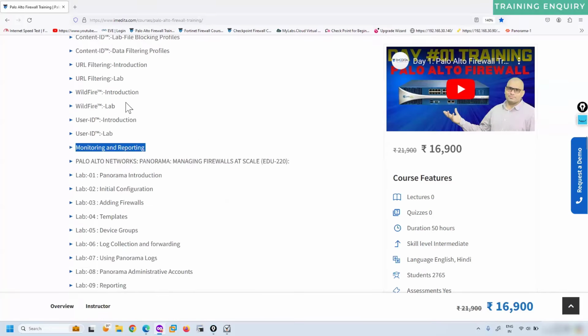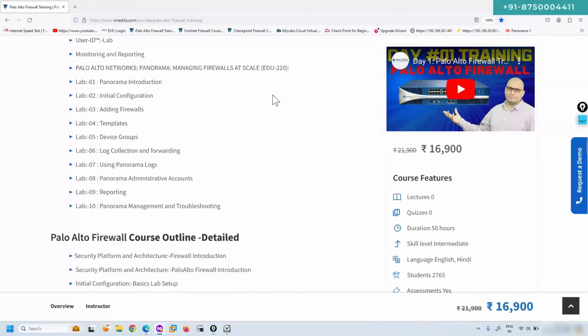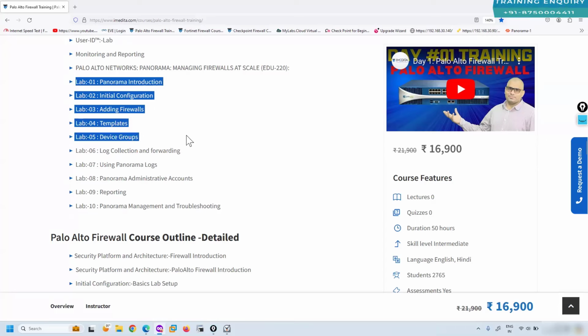After this Palo Alto training, next we have the Panorama content. In Panorama, we will learn what Panorama is, how to initially access it, what the hardware requirements are to use Panorama, how to add an additional hard disk, how to add a firewall, how to create templates for firewalls, and how to put them in a device group.